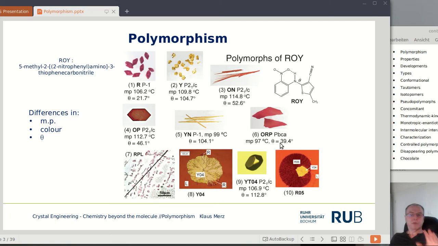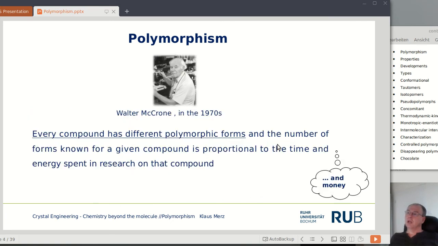Why? We will talk several times later about why. There was a very nice sentence from Walter McCrone in the 70s, who said, well, it's not so special, polymorphism. He said every compound has different polymorphic forms.